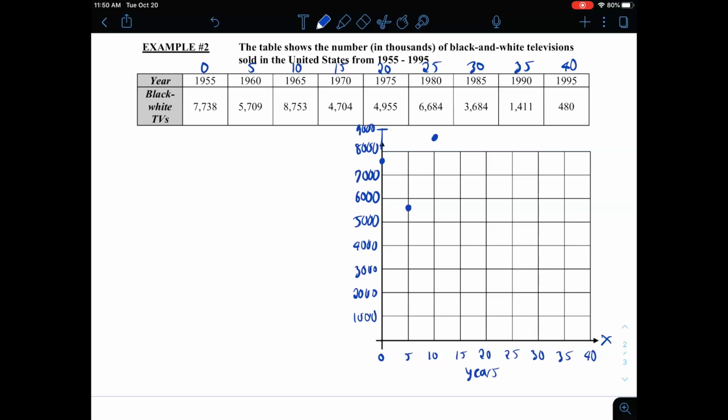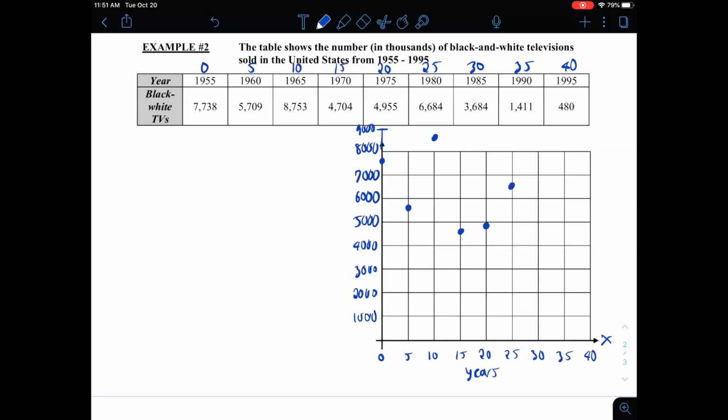All right. 4,704. These are all pretty close, a little bit closer to the higher number, which will work. 4,955 for 20 is really close to 5,000. Then we have 1980, or year 25, was 6,684.